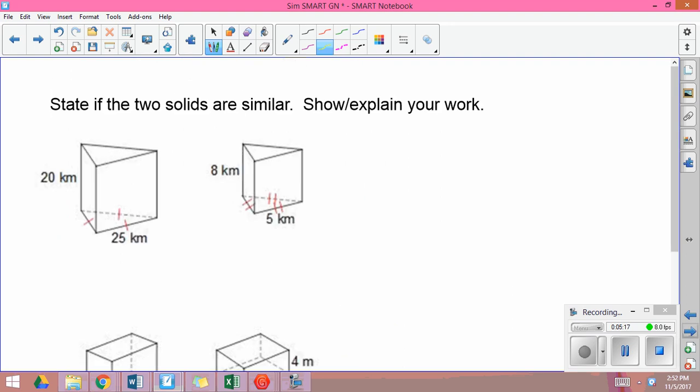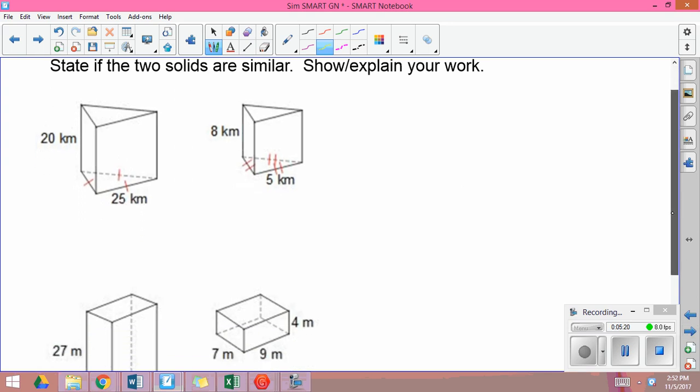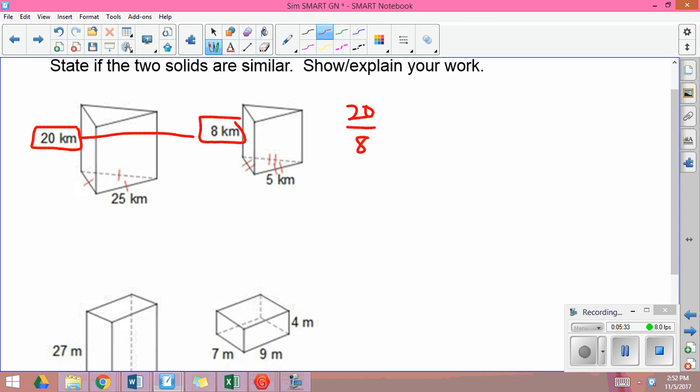So are these solids similar? Well, I don't have any angles, so I have to just check sides. Corresponding sides to corresponding sides. The height of 20 has to compare at the same rate to the height of 8 as the length of 25 compares to 5. Is that the same proportion? Some of you are going to do the division and say 20 divided by 8 is 2 point something, 25 divided by 5 is 5, so not similar.